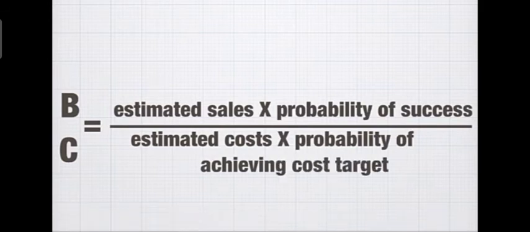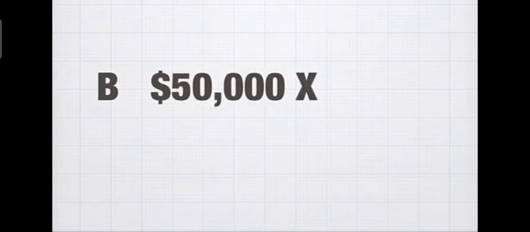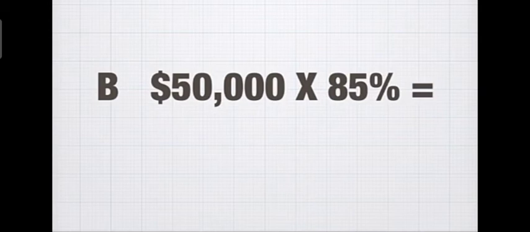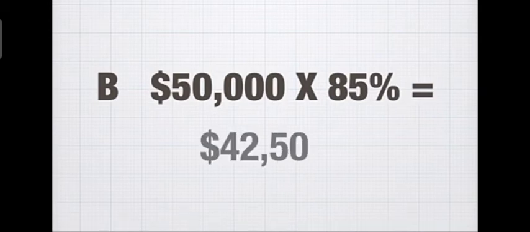When we actually run the ratio, it looks like this. We assume that we have made the decision to work on a project that we project will generate $50,000 worth of revenue. And we're going to say that our assurance that we can hit that projected amount, or the probability, is 85%. We run the top portion of this equation by multiplying $50,000 by 0.85, and the expected revenue is $42,500.